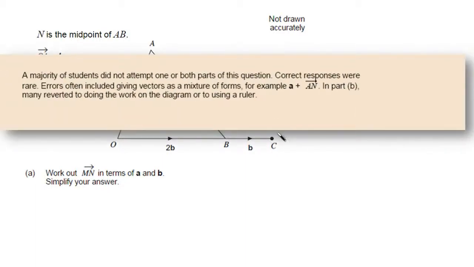Let's have a look at the examiner's remarks then. The examiners say that a majority of students didn't attempt this question. Correct responses were rare, and there were quite a lot of errors. The errors included giving vectors as a mixture of forms, A plus A to N for example, and in part B reverting to doing the work on the diagram or using a ruler.